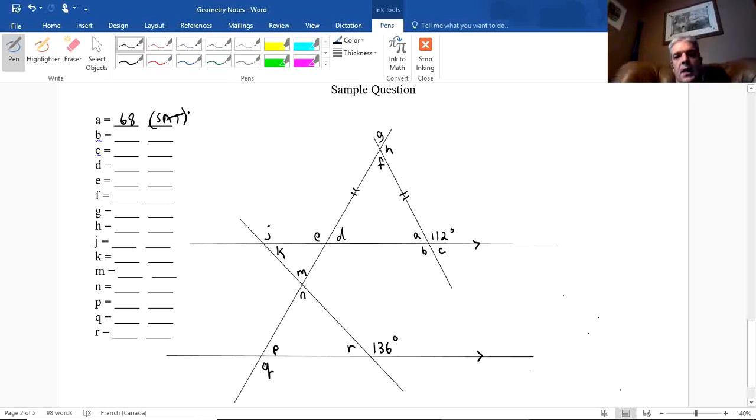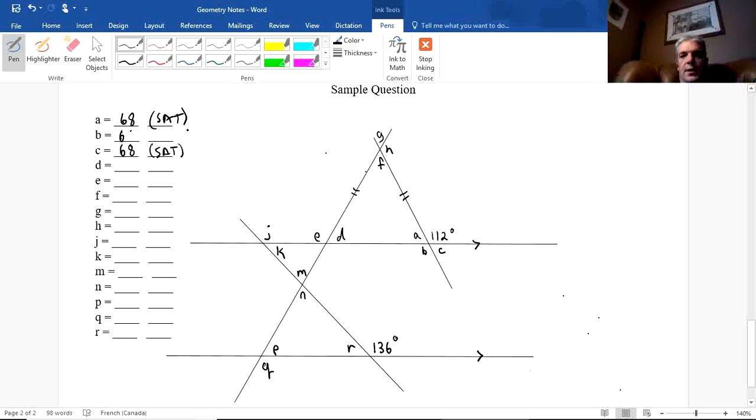Okay, and I can do the same for C, and you could say C is 68, and you could say that that was opposite angle theorem, but I prefer to see students use the supplementary because this is what's given, and so that makes more sense, okay? So the supplementary angle theorem again here.